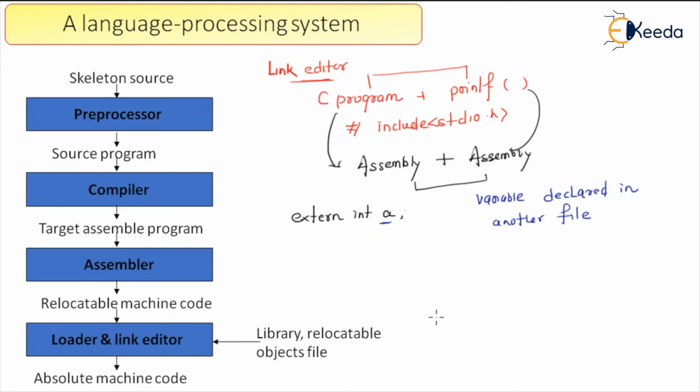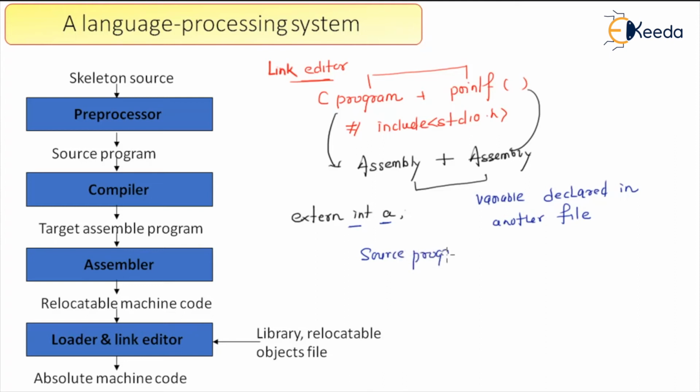Whenever large projects are being developed, the best idea is to create a single file for holding all the variables and create external references for them. That is the situation where extern int a is used.